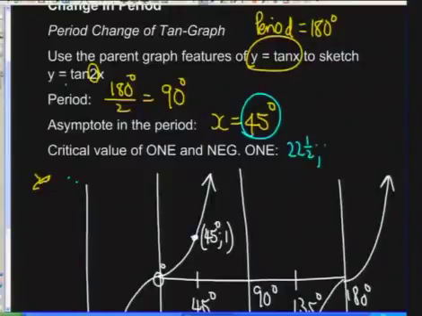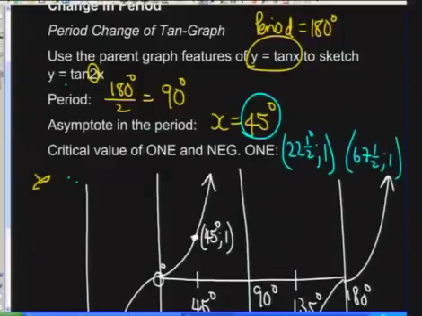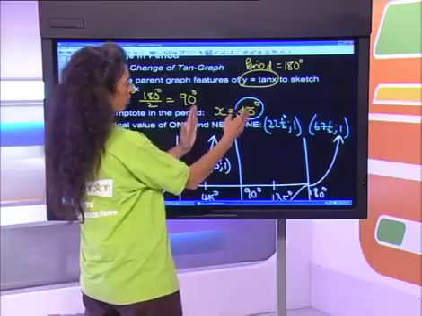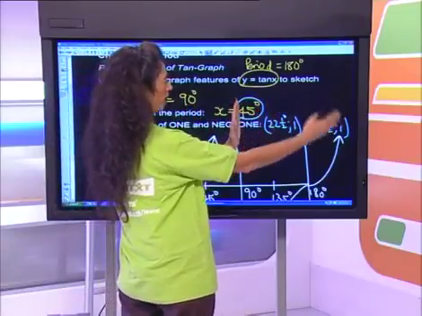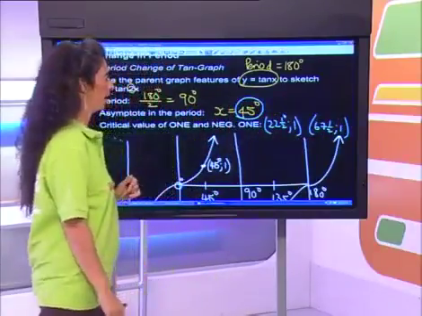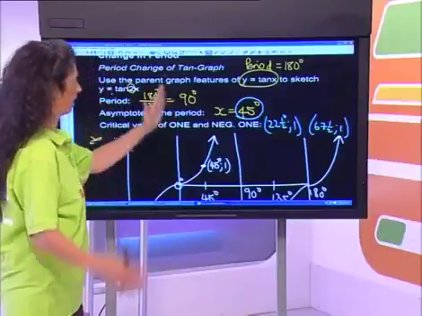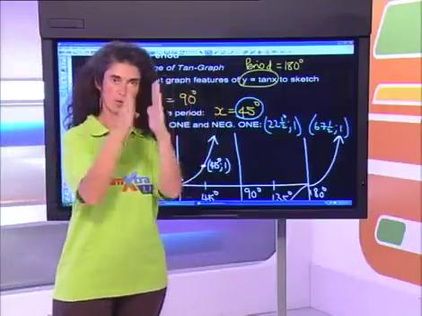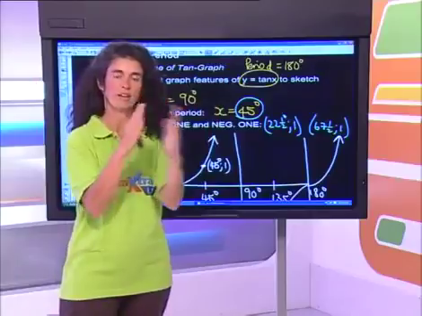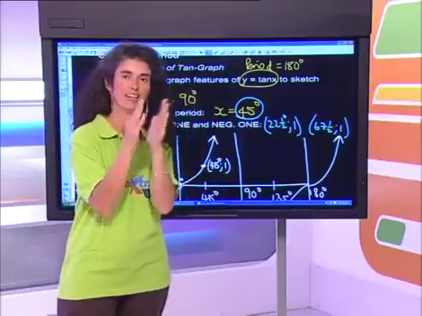I'm going to sketch 1, and 45 plus 22 and a half, I would sketch my negative 1. So I've gone halfway between 0 and 45, and I've gone halfway between 45 and 90 degrees. So everything has almost concertinaed in so that we are getting things happening earlier.